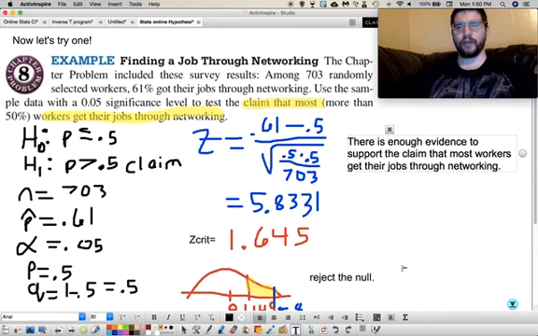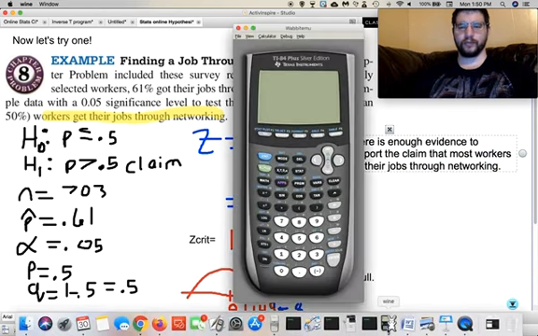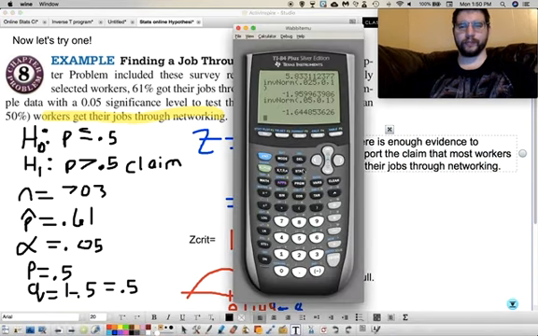Oh, hey, by the way, TI people? Your calculator does this too. We can go to tests, and we're going to do a one prop z test, number 5. P naught, that's the P, that's this, 0.5.